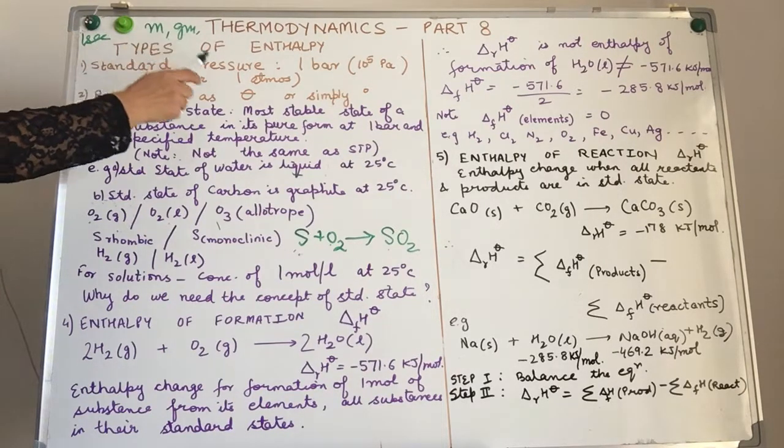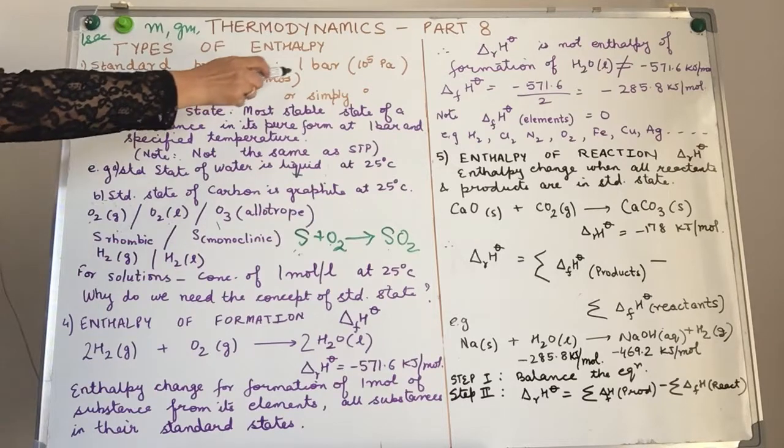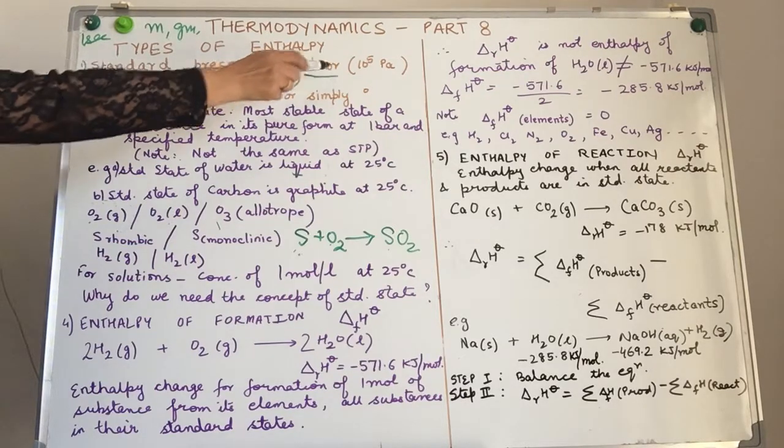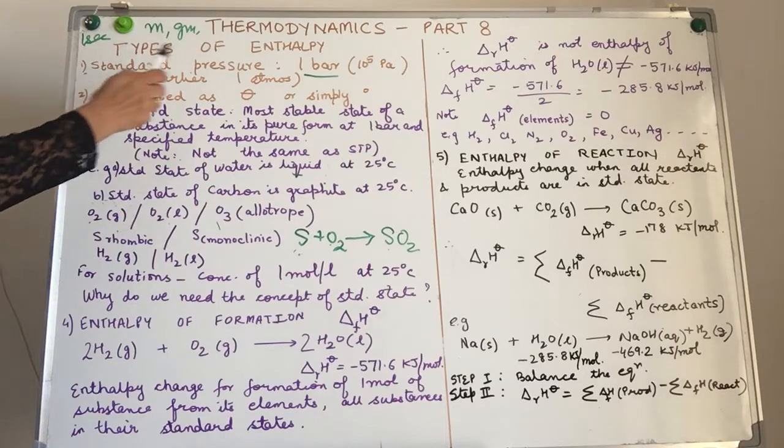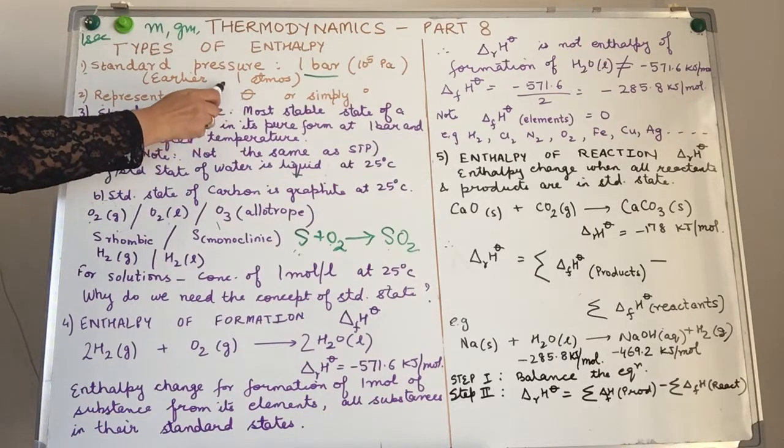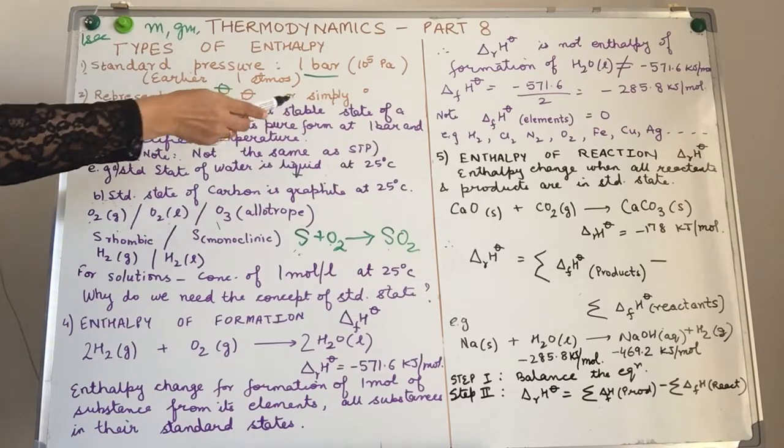So standard pressure. Standard pressure for calculation of such values is taken as 1 bar or 10 to the power 5 pascals. Earlier in some old books you will find it also written as 1 atmosphere. This has now changed. How do we represent a standard value? By a circle with a cross across it, or it is simply called as naught.